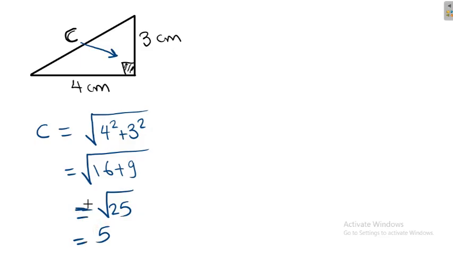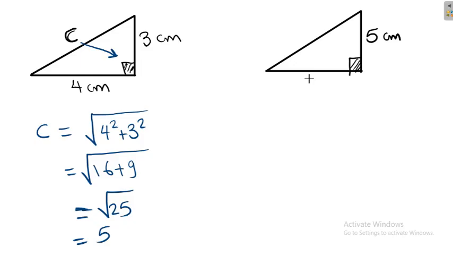And that's it. Another one. We have a right angle triangle. Okay? This side is 5 centimeters. This side is 12 centimeters. This side we call C. Okay?